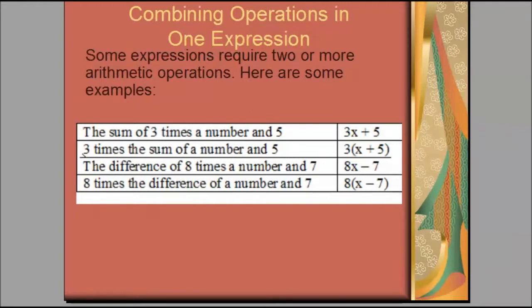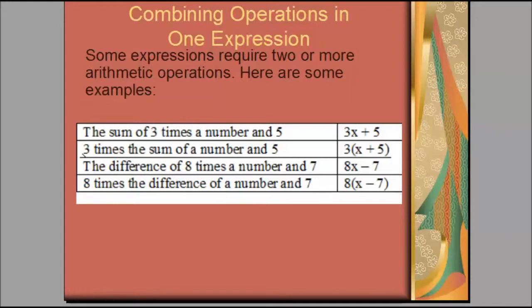Another crucial translation skill is the ability to combine several operations when you need to make one expression. Some expressions require 2 or more arithmetic operations. Here are some examples. The sum of 3 times a number and 5 is written as 3x plus 5. Notice, however, the difference between that expression and the expression 3 times the sum of a number and 5.